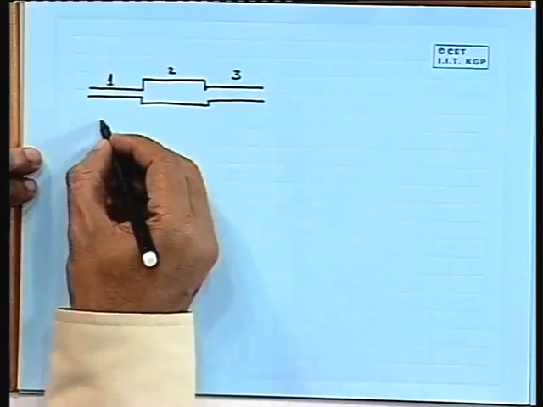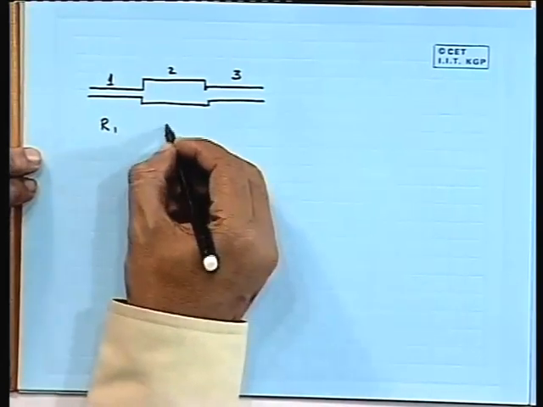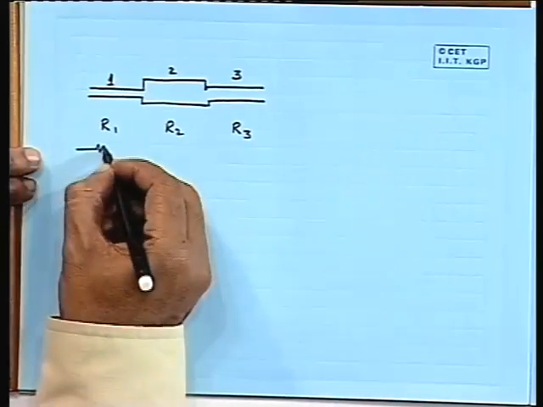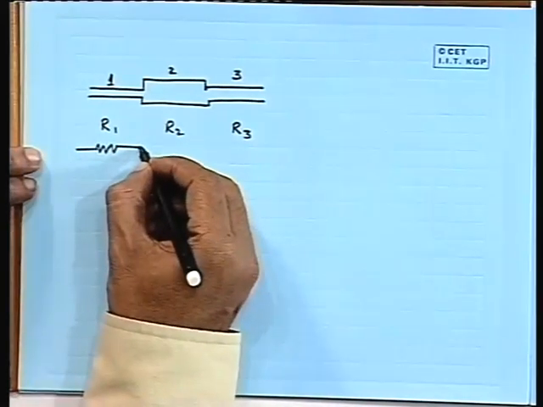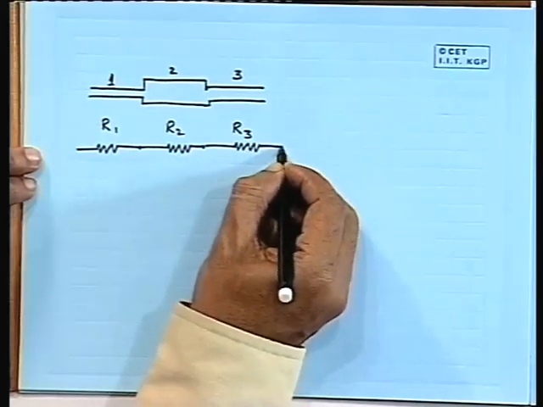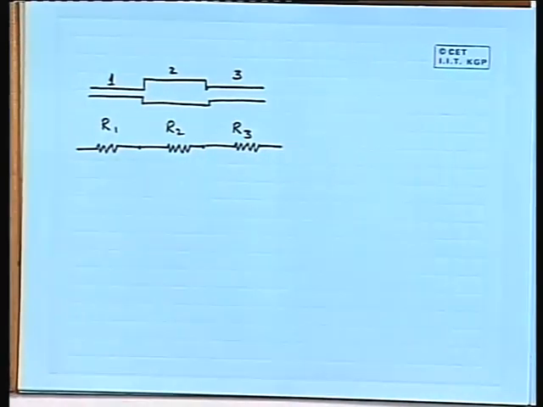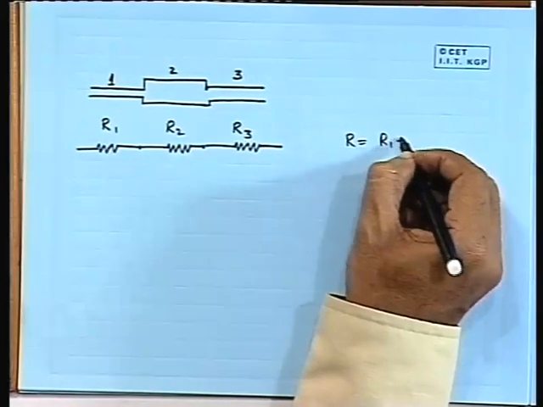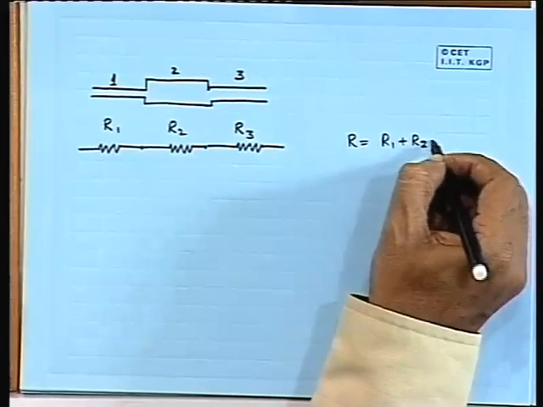So, we can assume that there are 3 resistance R1, R2, R3, and they are all in series. Okay. They are all in series, and the equivalent resistance R will be R1 plus R2 plus R3.